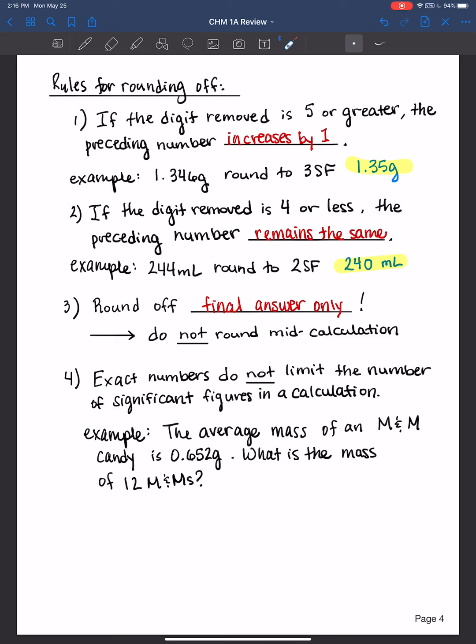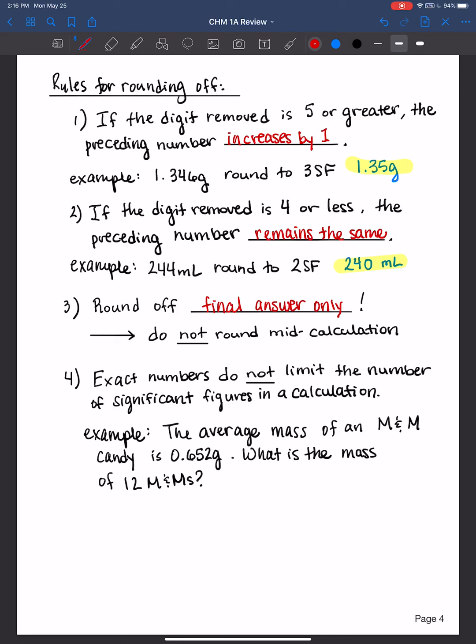So for example, if I told you I brought a dozen cupcakes to class, you would know that there are 12 cupcakes in that box, and you could count them. That's not a measurement. And so because it's not a measurement, we do not consider it as part of the significant figures. Only measurements do we consider significant figures when doing our calculations and reporting our final answers.